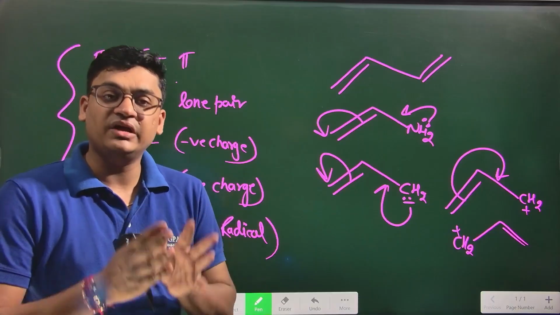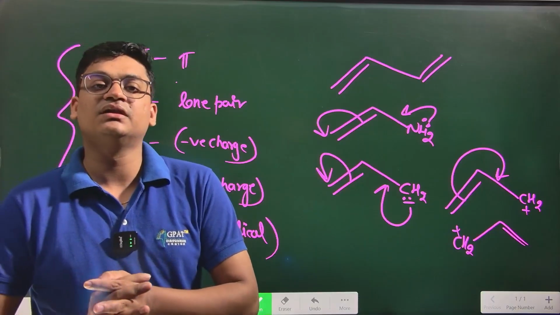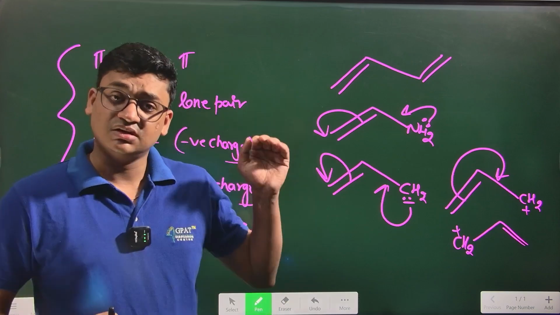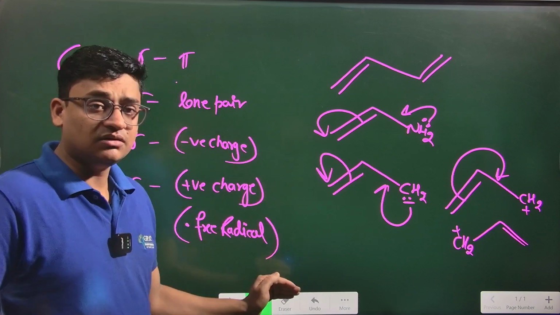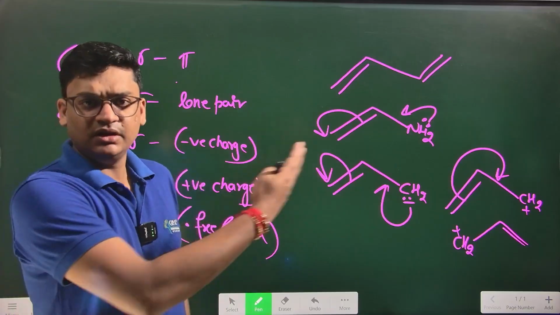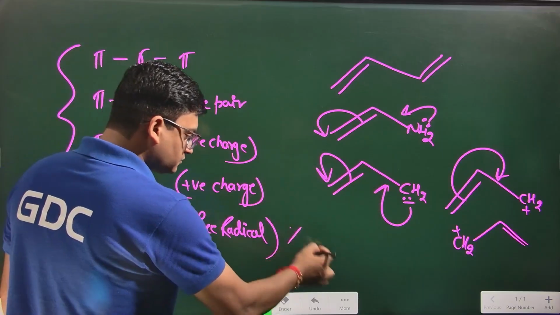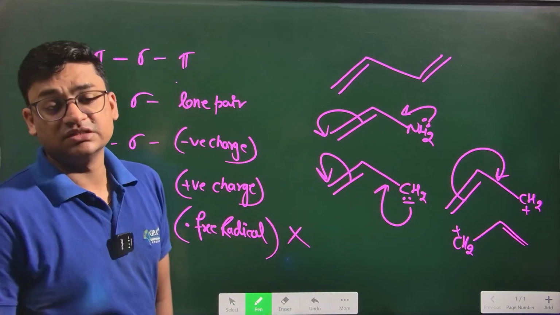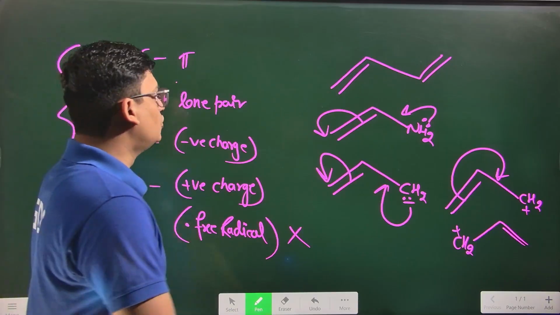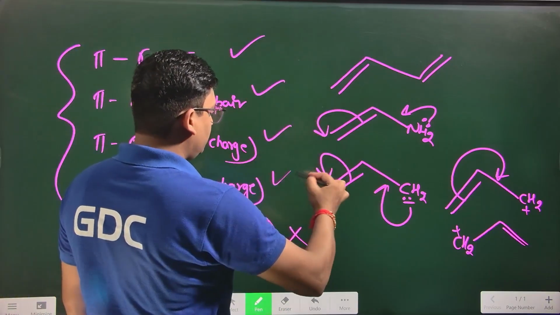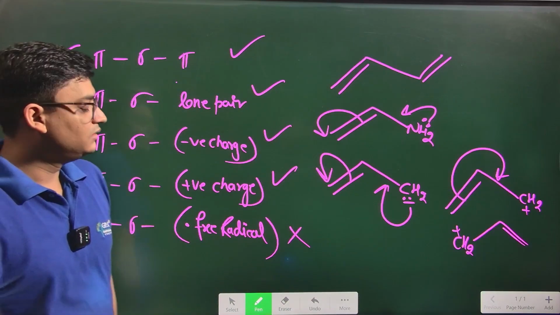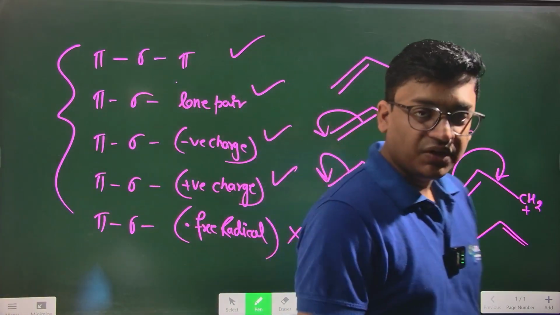So free radicals do not participate in the discussion of aromatic character. For aromatic compounds, this condition should not be valid. You will know later why this condition is not followed for aromatic compounds. So these conditions are all okay when we are discussing aromatic compounds.